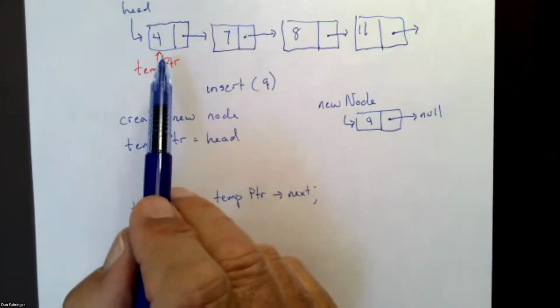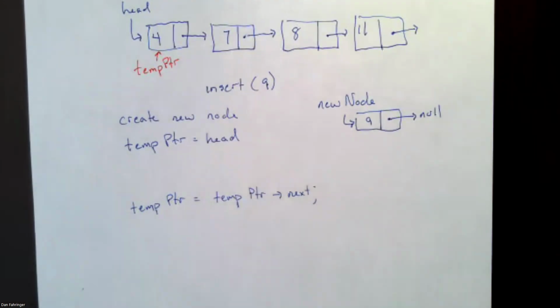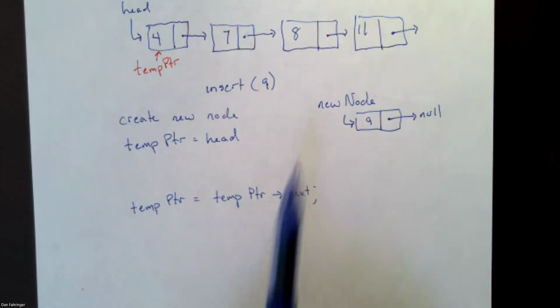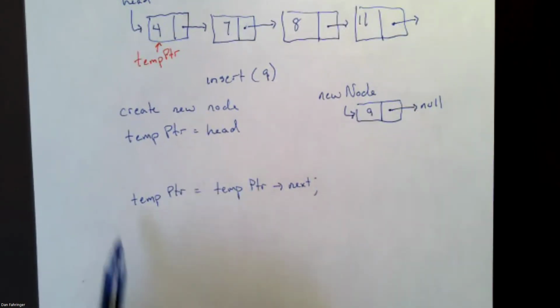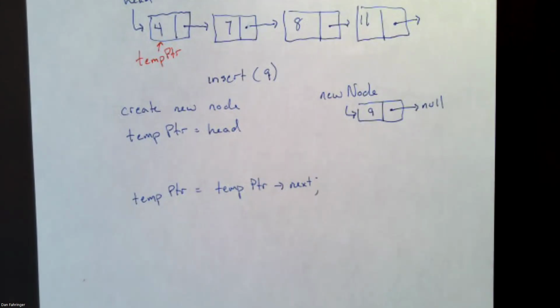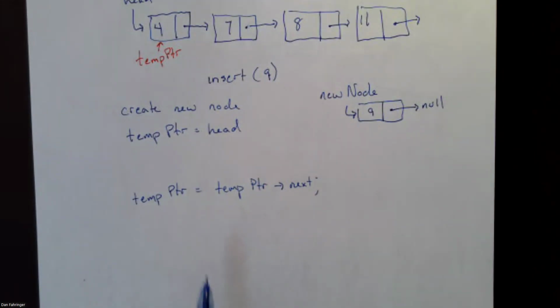That line of code now has temp pointer pointing at this node. Okay. I'm going to have to loop through. I might not know my loop yet. I'm going to have to loop through using this until it's found or until I reach the end.